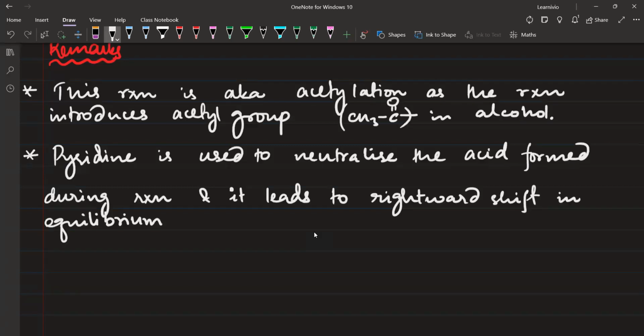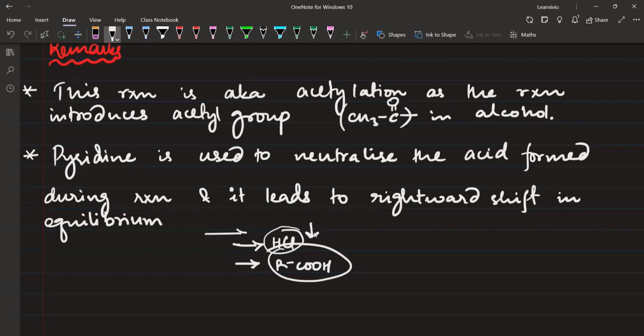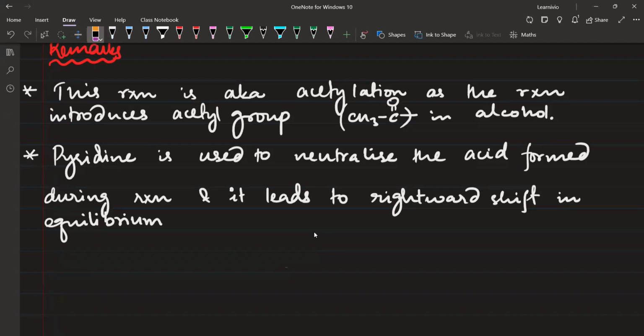If you see the reaction, you will see that you are going to get carboxylic acid. Now, if I neutralize the HCl, I am decreasing the concentration of product in both the cases because I have pyridine. Pyridine is basic, base will react with acid. So when the concentration of product becomes lower, the reaction shifts in the product direction. Makes sense, yes or no? Please tell me, the use of pyridine makes sense now. Amina, Rishita, Harsha, and Zaina, yes or no?